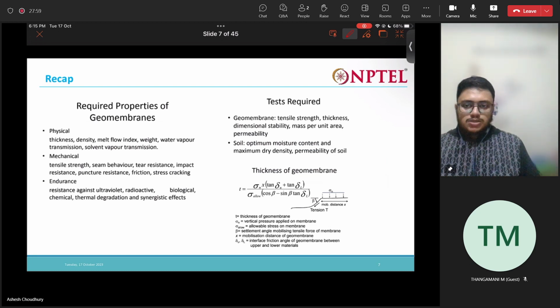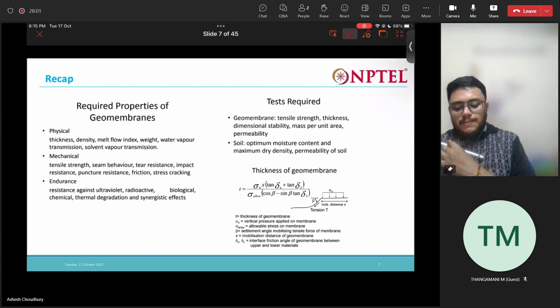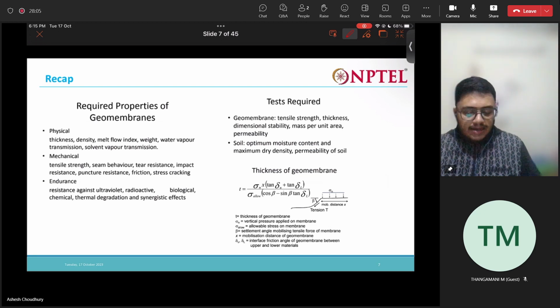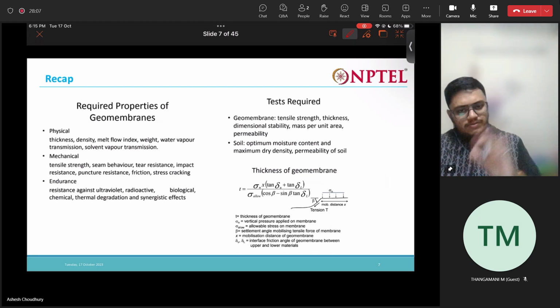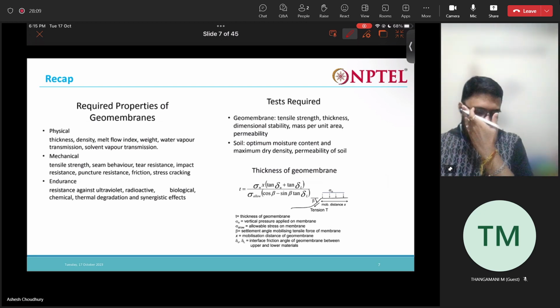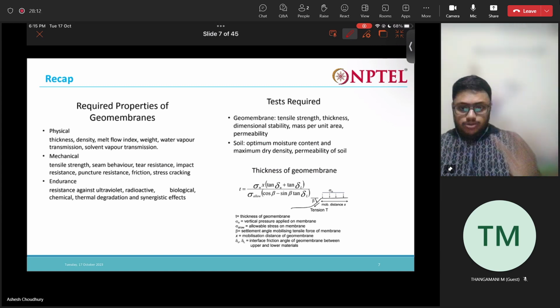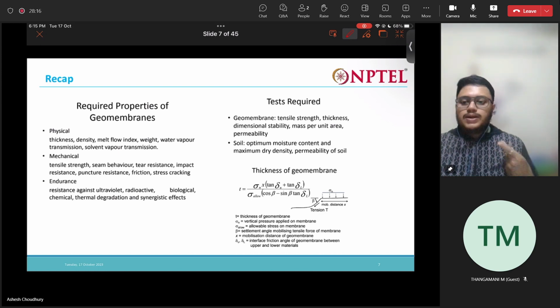Then mechanical strength: tensile strength, seam behavior, tear resistance, impact resistance, all these we have studied, similar to geotextiles. Then endurance properties: resistance against UV rays, biological and chemical degradation, thermal degradation, all the same as other geosynthetics. So water vapor transmission is a little bit new, that we will see.